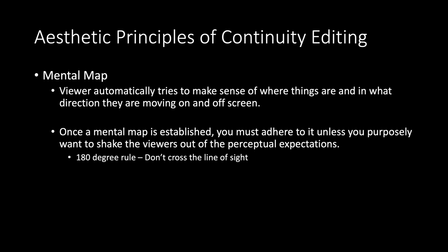Now, there's always that idea of the psychological thriller, where things are supposed to be confusing. Well, that's really good to know, then, the 180-degree rule, or to understand the mental map, because you may actually want to purposefully disorient that map.